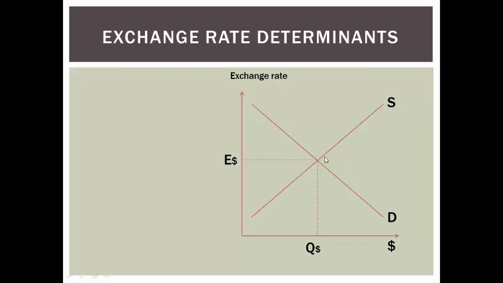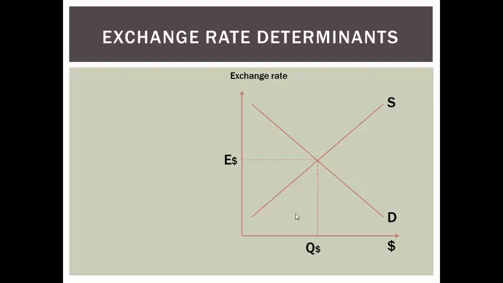This is demand and supply not for goods and services, this is demand and supply of US dollars. Wherever they intersect, we have the exchange rate. Once supply is equal to demand, that's how we determine our exchange rate, how much $1 is worth in the other currency, and we determine the equilibrium quantity of dollars traded in the market.